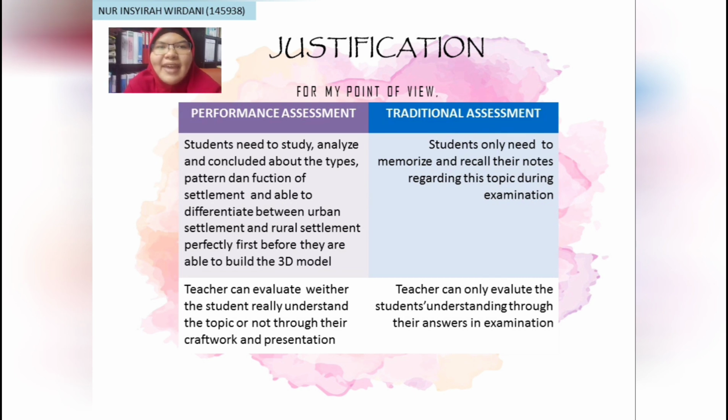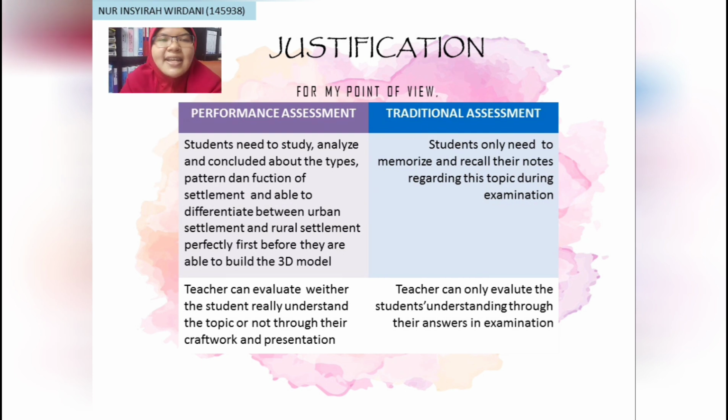Besides, the student must have a better understanding of how to differentiate between urban settlement and rural settlement, since they have to portray their understanding of the differences in their 3D model.